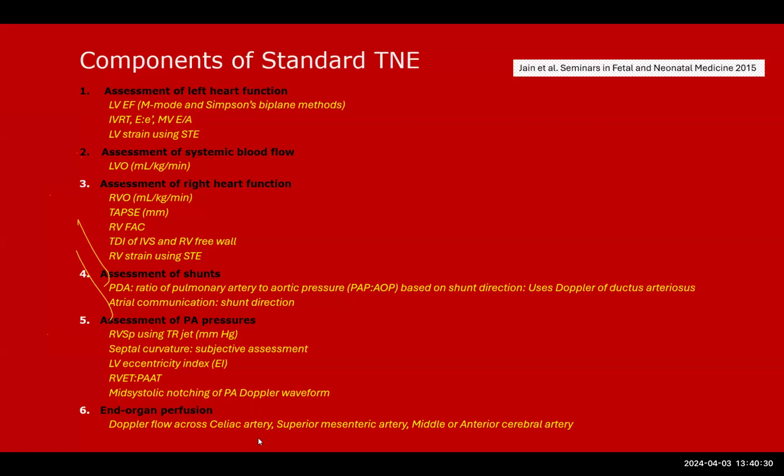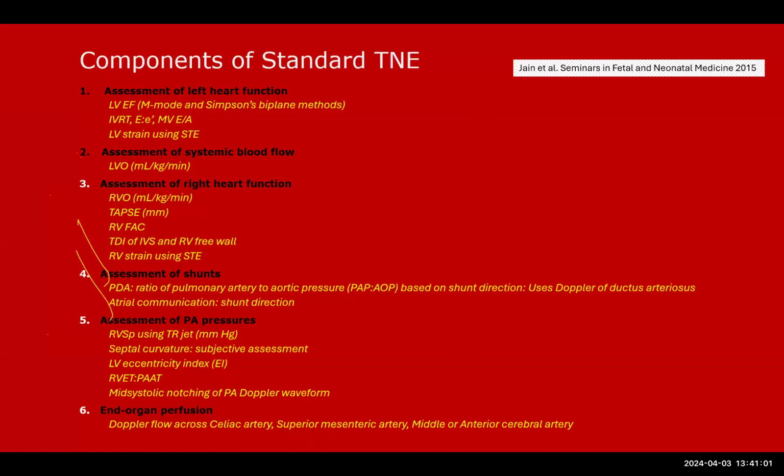Organ perfusion is equally important. Look at the Doppler patterns of the celiac artery, superior mesenteric artery, middle cerebral artery, and anterior cerebral artery. These are the basic things that will be helpful for us to establish whether this is good heart function but high cardiac output and low blood pressure, likely because of low systemic vascular resistance, or whether the myocardial function is really bad.